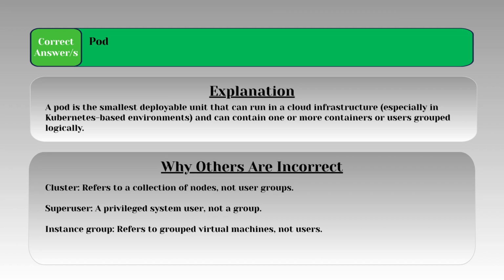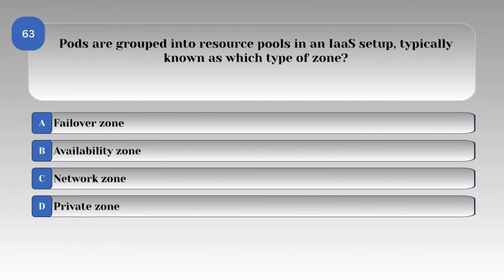Why others are incorrect: cluster refers to a collection of nodes, not user groups. Superuser, a privileged system user, not a group. Instance group refers to grouped virtual machines, not users. Pods are grouped into resource pools in an IaaS setup, typically known as which type of zone?